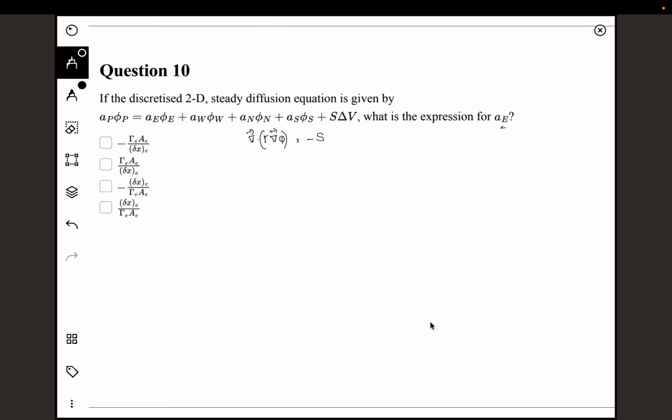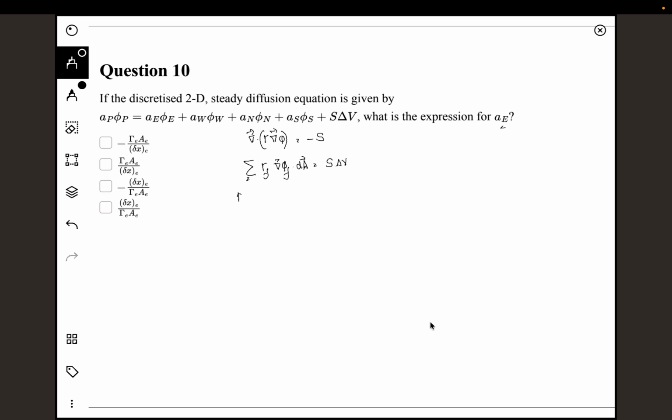So if we do the same Gauss divergence theorem, we'll have, as I said, summation of gamma_f del phi_f dot A_f, maybe I'll use a different symbol not to confuse with the source term, is the source term times delta V. So if we do the integration, we'll have for each face.